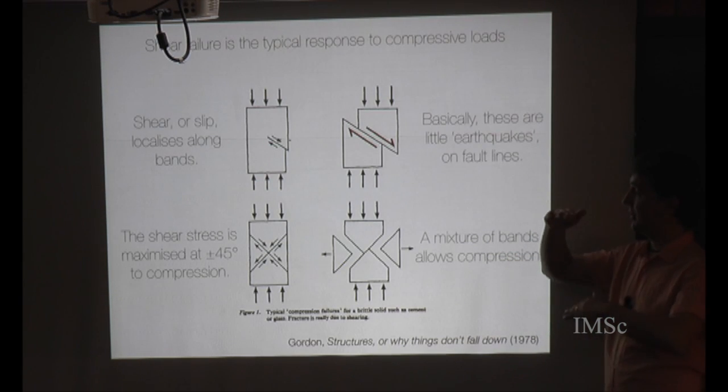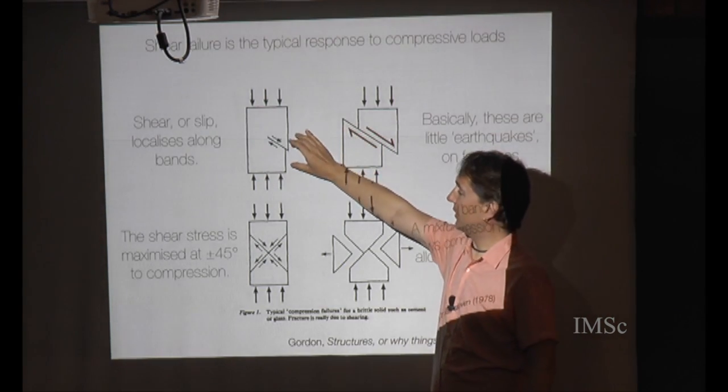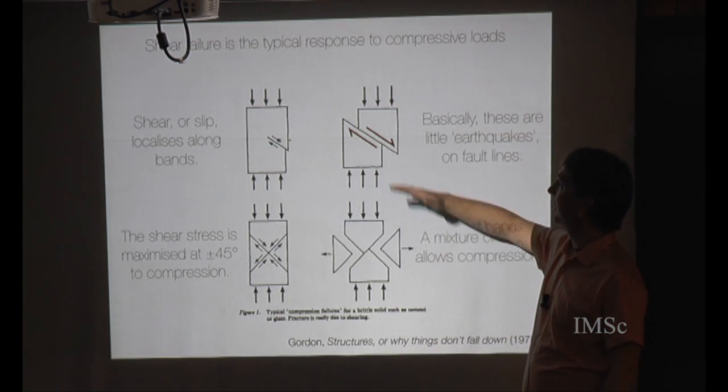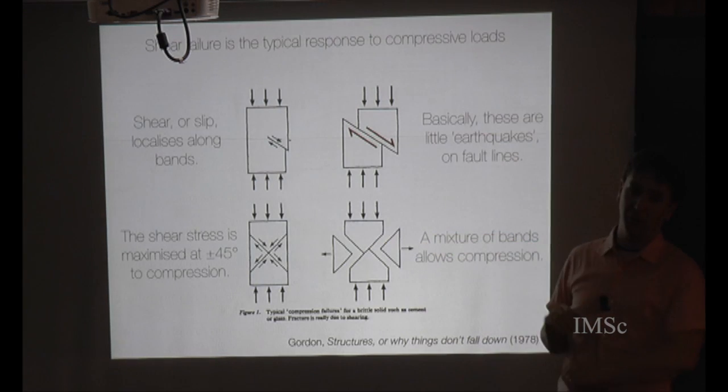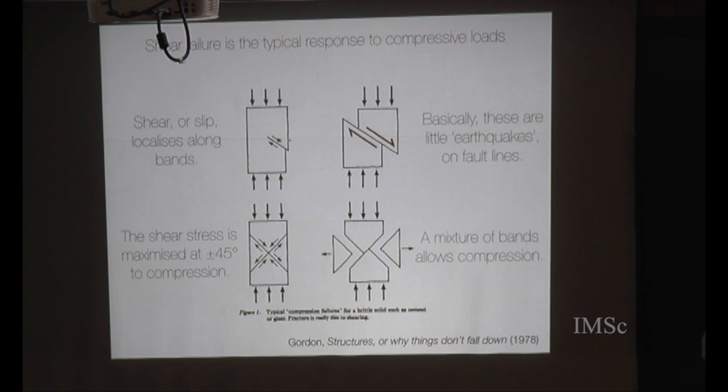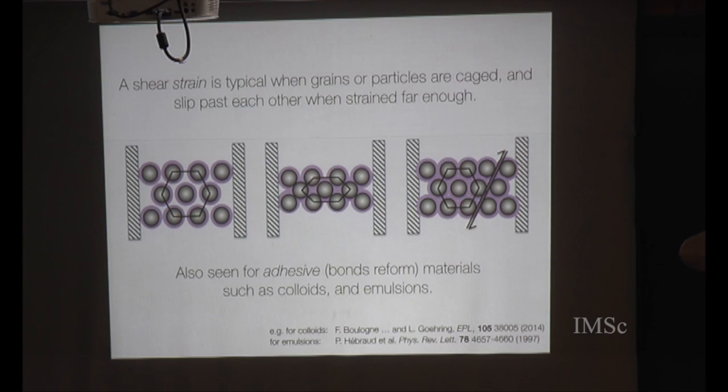You can imagine this: the sample wants to get smaller. It can't necessarily do that. If it slips along both these directions, the whole sample will ultimately have been compressed. That's one intuitive reason for this physical response. A mixture of shear bands in both directions allows for compression.